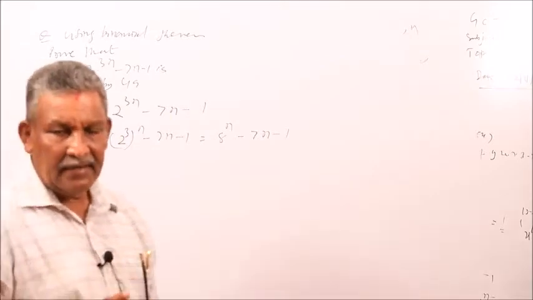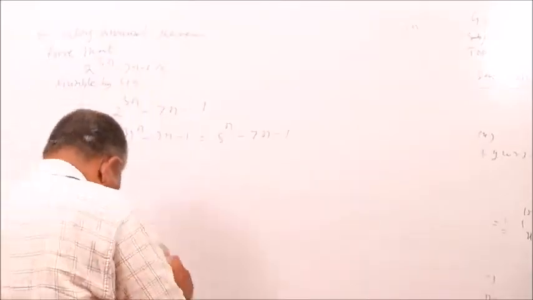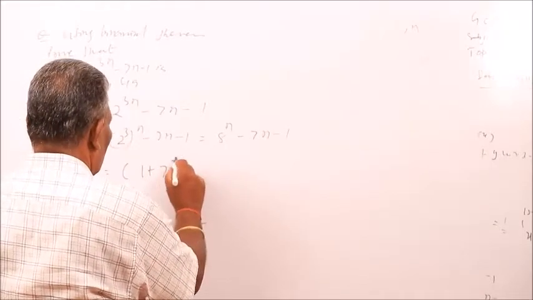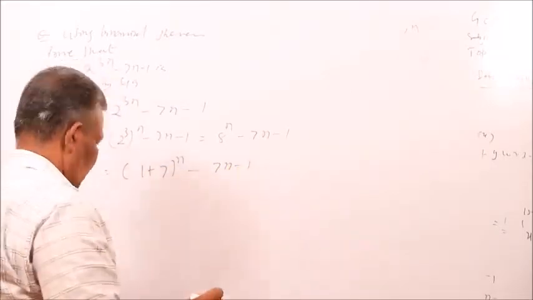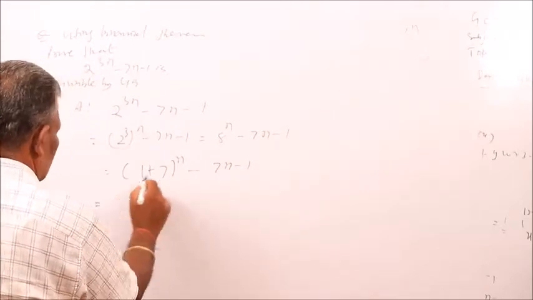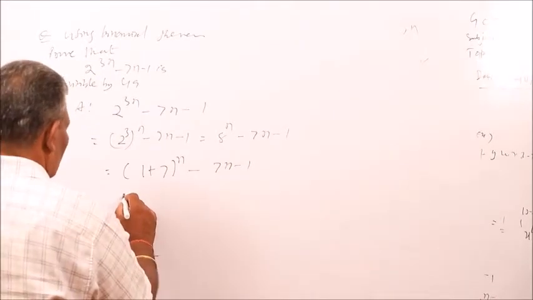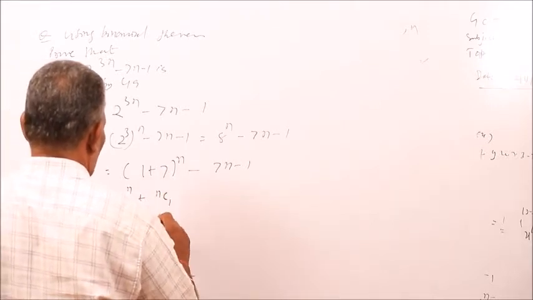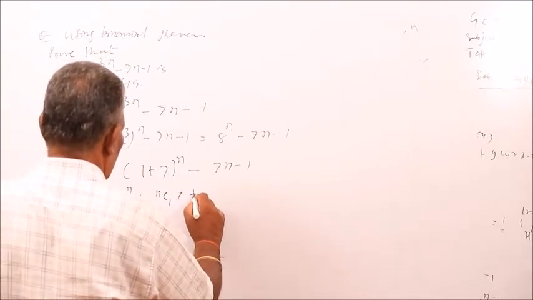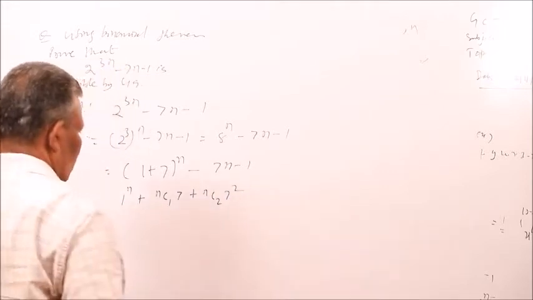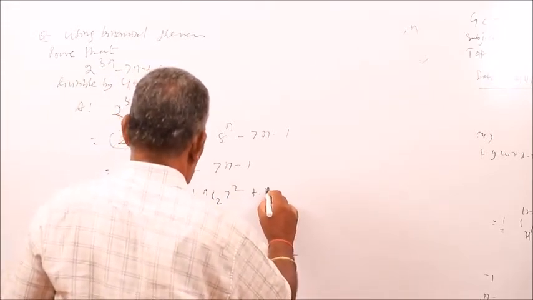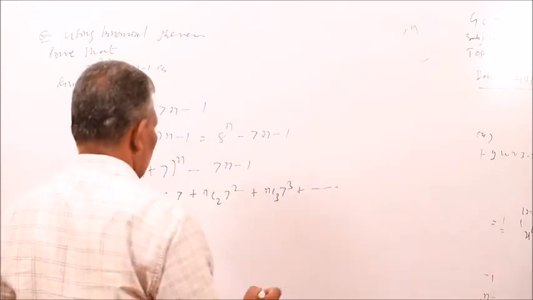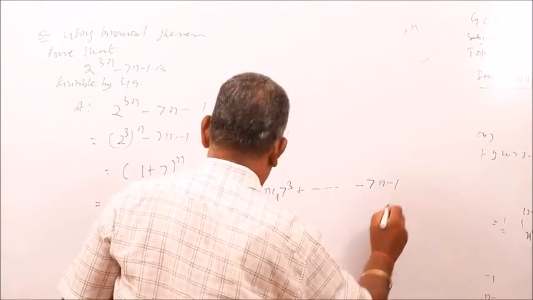We can write 8 as 1 plus 7. 1 plus 7 whole to the power n minus 7n minus 1. Let us expand this: 1 to the power n plus NC1 7, NC2 7 square, NC3 7 cube, like this, minus 7n minus 1.